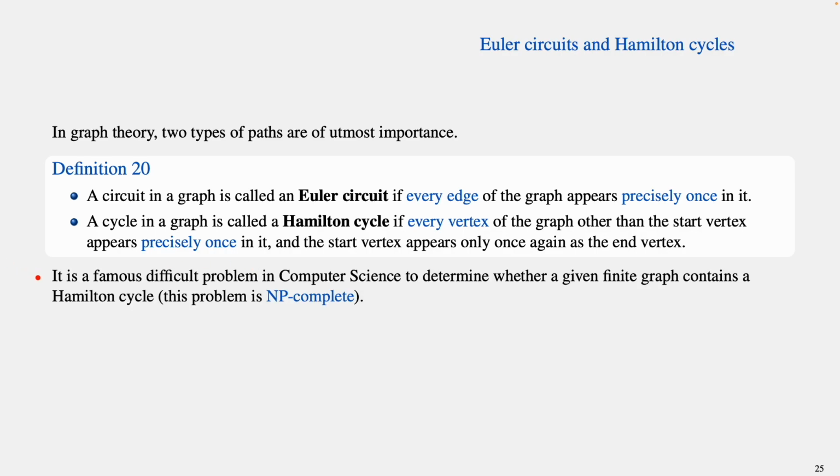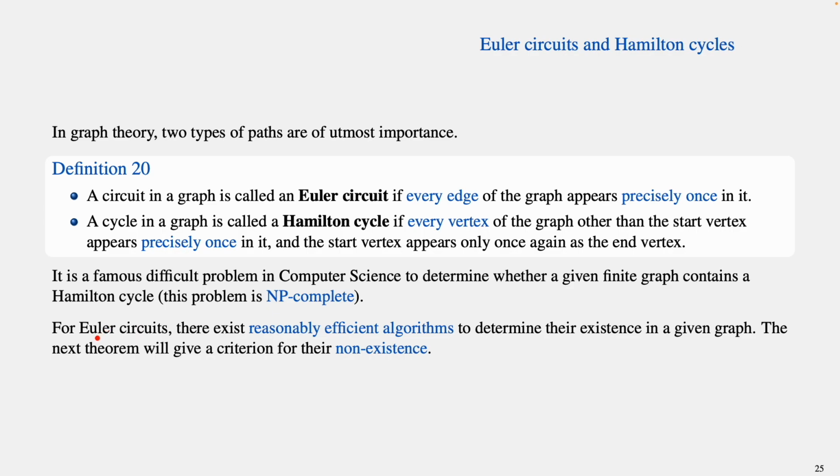And it's a very famous, difficult problem in theoretical computer science to determine whether a given finite graph contains a Hamilton cycle. So this is a so-called NP-complete problem, which basically means it's a very hard computational problem, and there are no known ways of solving it in an efficient manner.